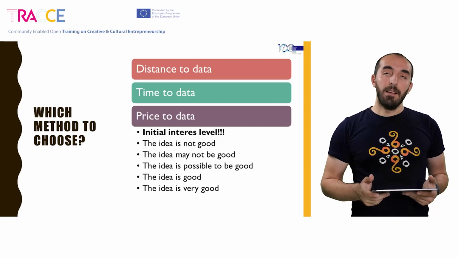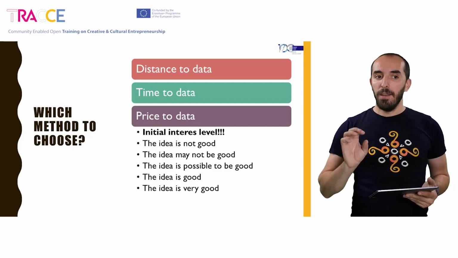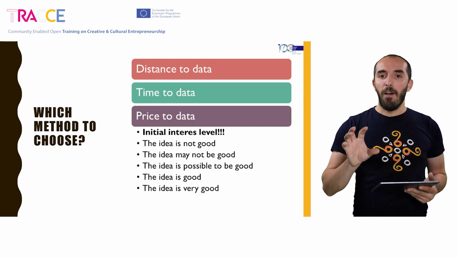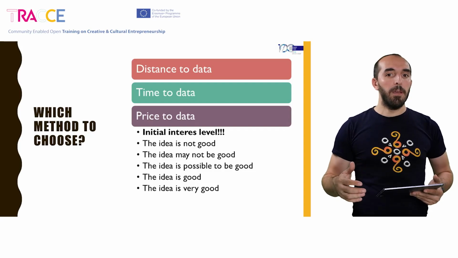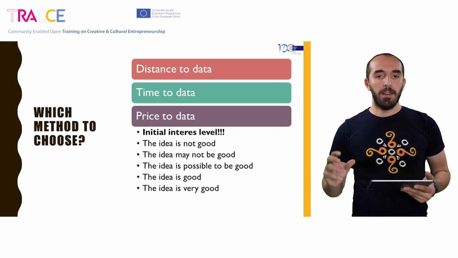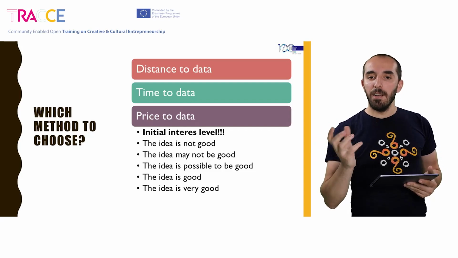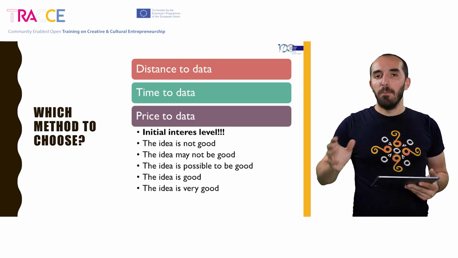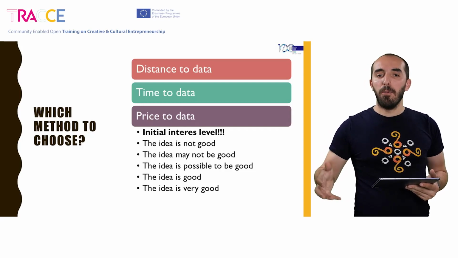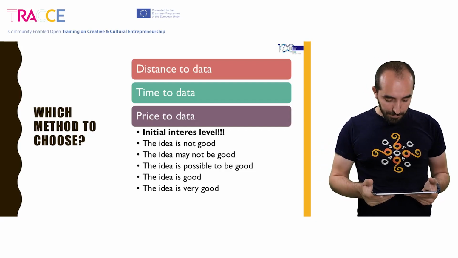The third level of interest is that the idea is possible to be good. So here you already found something that may be good for you. From this point, maybe you should really try to take it out or change it a little bit in order to find out the actual proper idea, the actual proper problem, the actual proper solution.